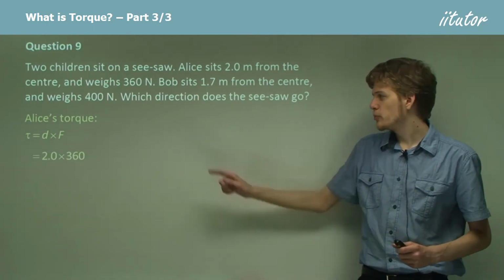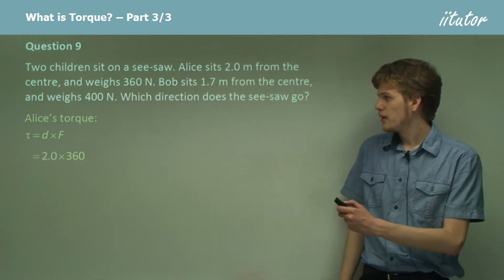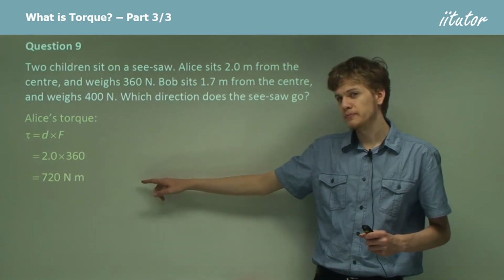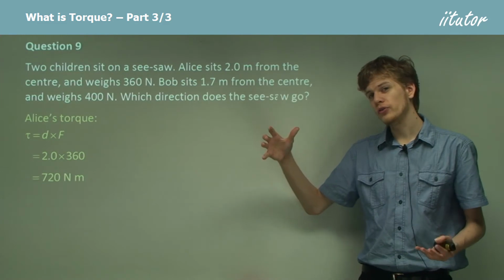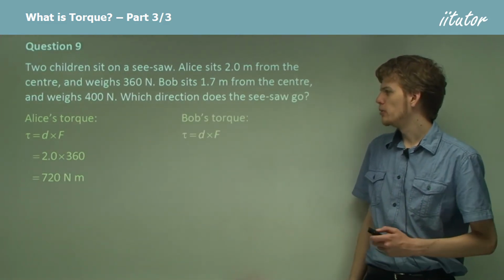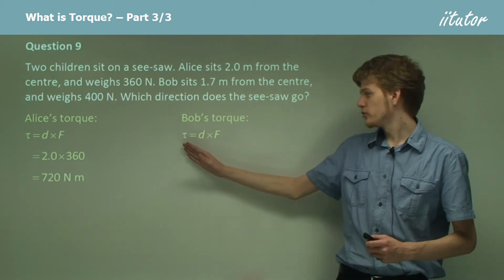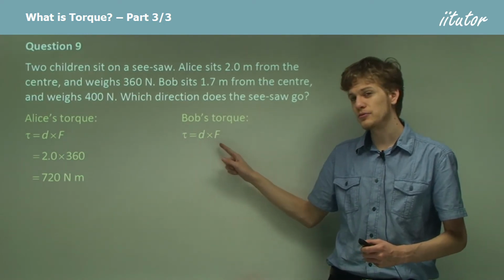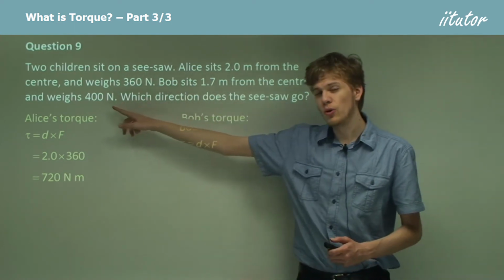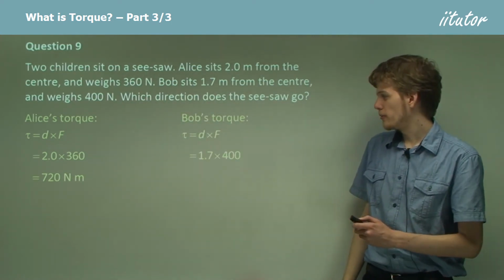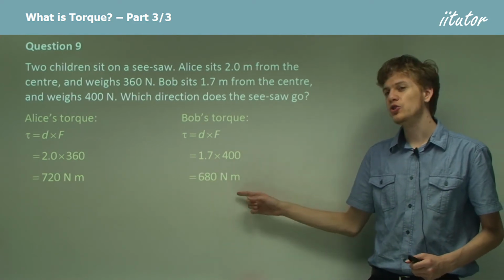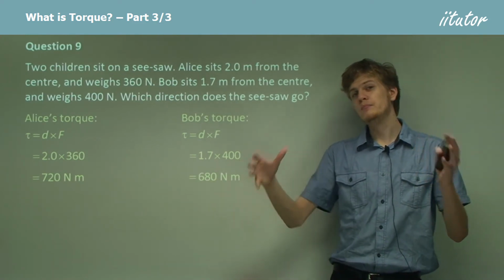So that'll end up as 2.0 times 360, which gives us a torque of 720 Newton meters. So this will be the torque of the seesaw in Alice's direction. Alright, what about Bob? Once again, we use tau equals distance times force. Substituting in 1.7 and 400 newtons, we end up with this expression, which evaluates to 680 Newton meters. So that's the torque in Bob's direction.